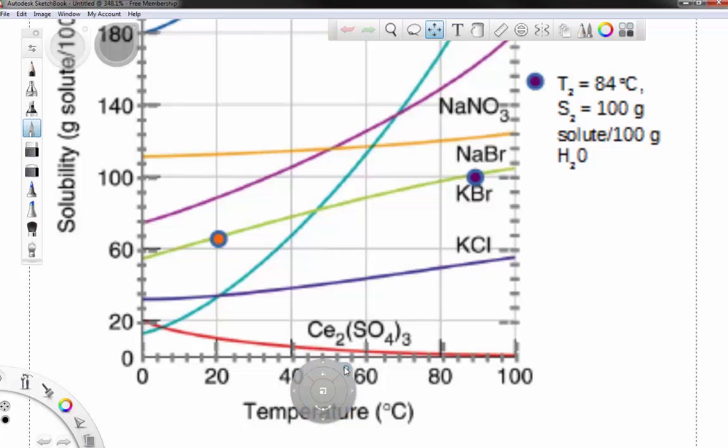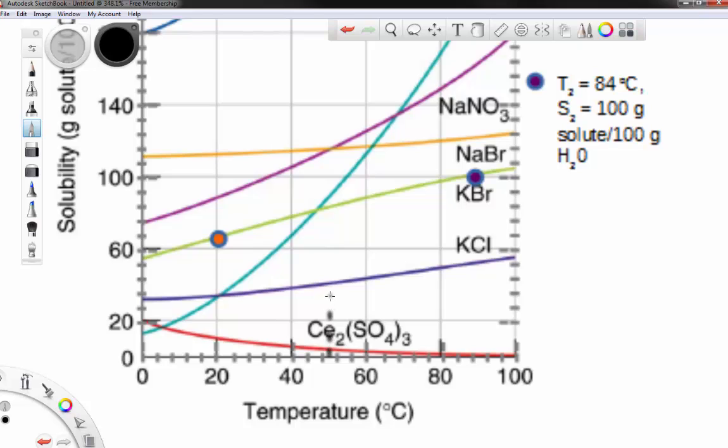Basically 50 degrees C is going to be along here, so we'd have to estimate what we get at 50 degrees Celsius. So basically you'd look up along here and see where this point right here matches up horizontally with our y-axis.